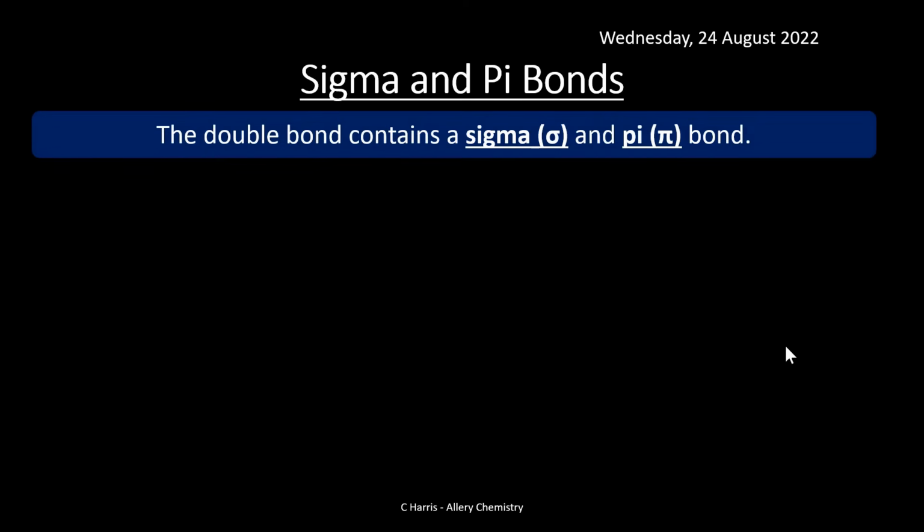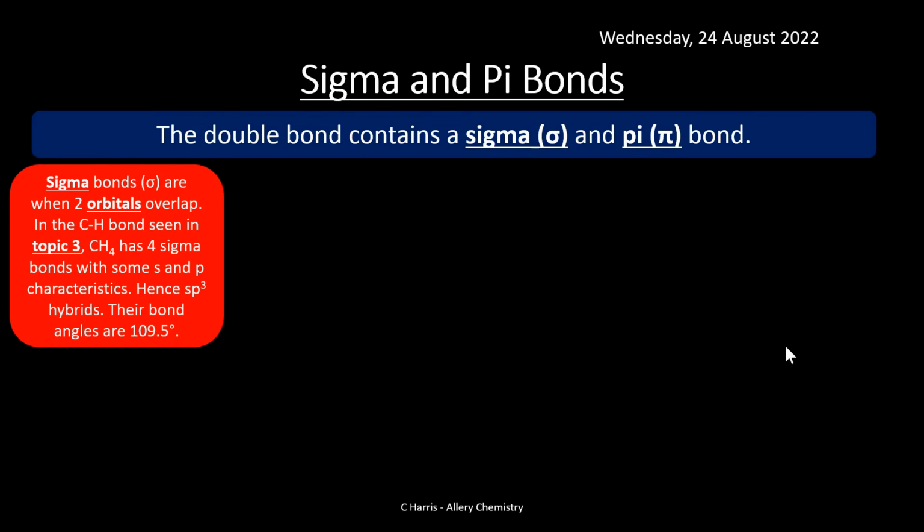Just briefly, when you have organic compounds, they do obviously have covalent bonds. Mostly they are covalent bonds, and you do have what we call sigma and pi bonds, as you've already seen in the previous topic. So when you've got a bond, you have to have orbitals that overlap.